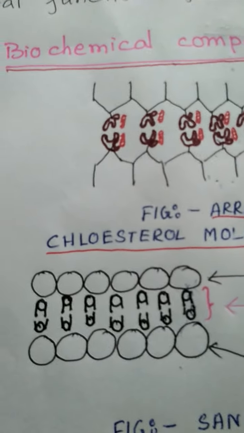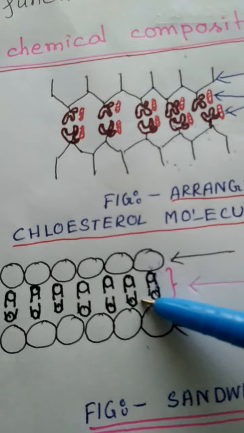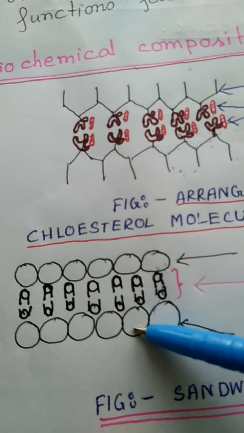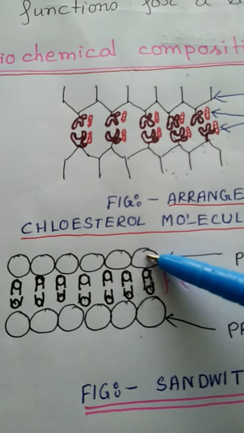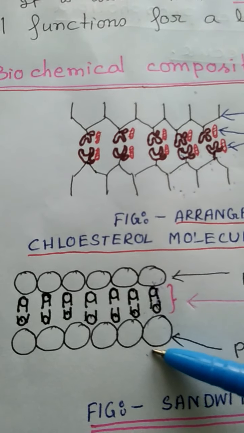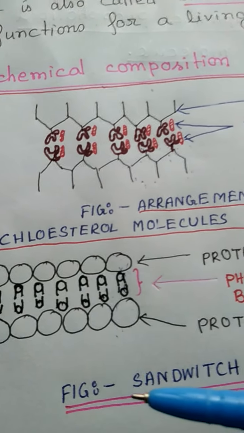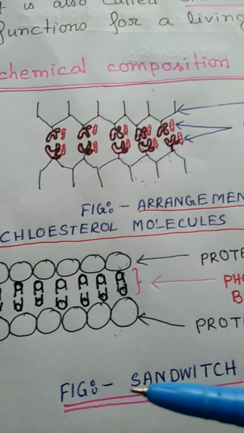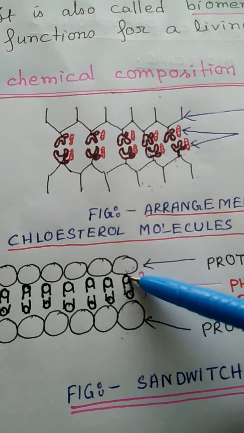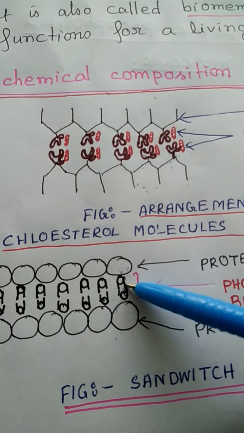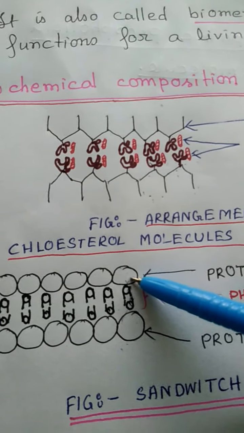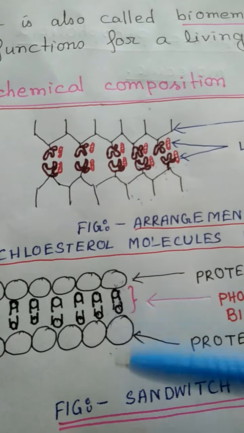In the sandwich model, the plasma membrane is protein, lipid, protein. Each phospholipid molecule in the middle is a polar molecule and has two specific ends, the polar and non-polar parts. One is hydrophilic and the other is hydrophobic in nature.